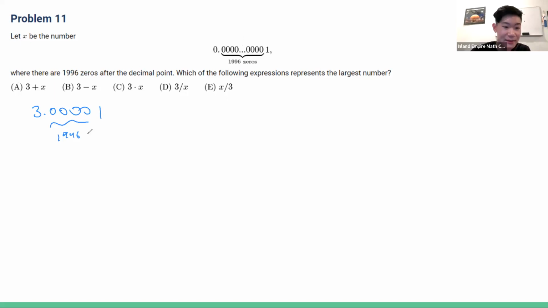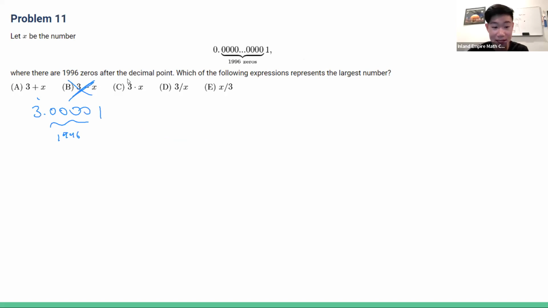So just a tiny bit above 3. For b, that's just 3 minus it. So we'll get like 2.9999 all the way going down. And that's less than 3. So we already know that b is ruled out because it was smaller than a. Okay, so I'm ruling out b.